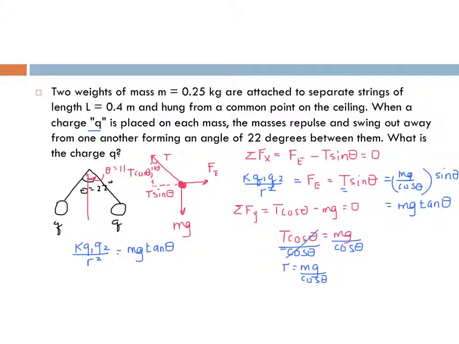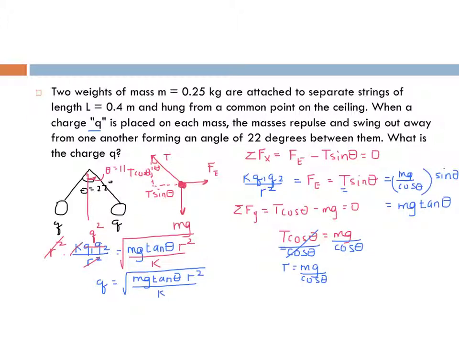So instead of having Q1 and Q2, I can actually replace this with Q squared, just Q times Q. Again, I want to solve for Q squared, so I'm going to move R squared to the other side, and then I'm going to divide by K. And finally, take the square root. So that our equation now looks like Q is equal to the square root of mg tangent theta R squared over K.